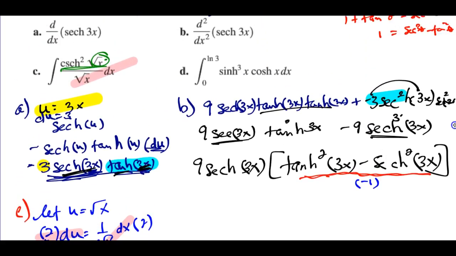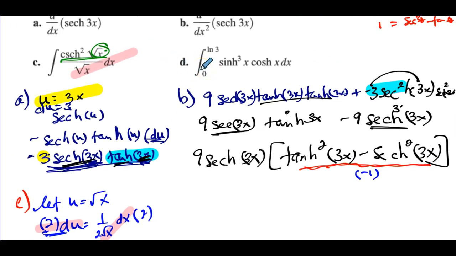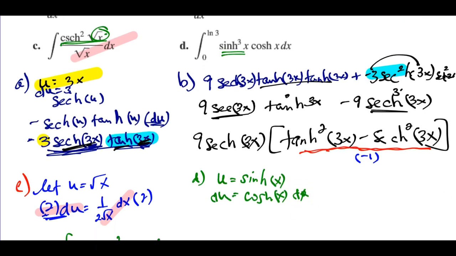And then part D, I'm going to do another u sub. How about it be the inside function hyperbolic sine, because then du would be hyperbolic cosine, which I kind of like.